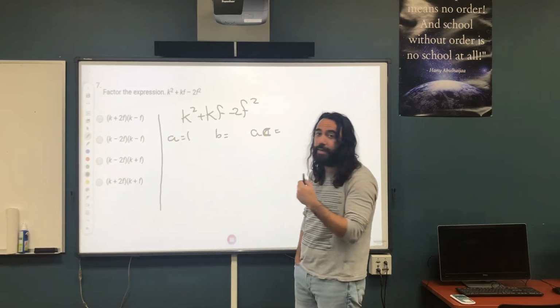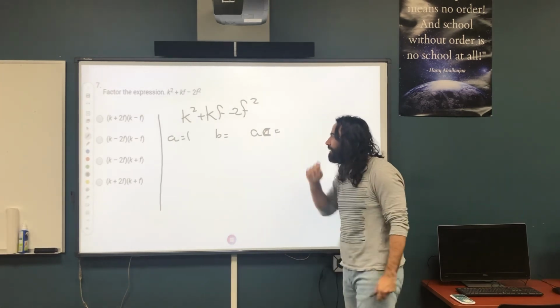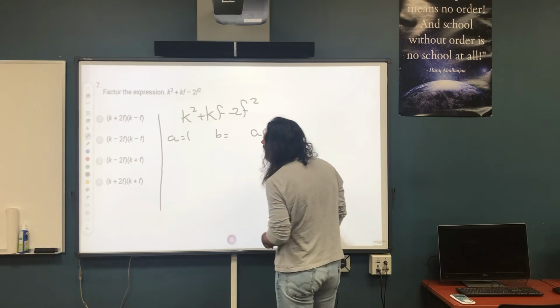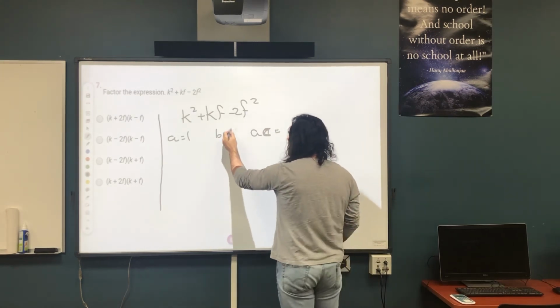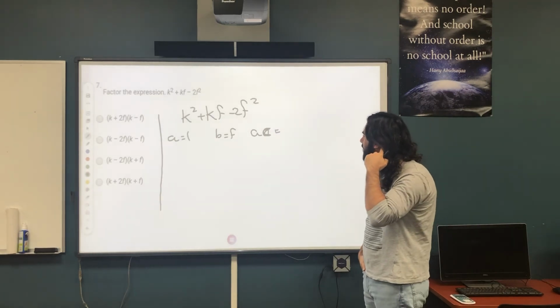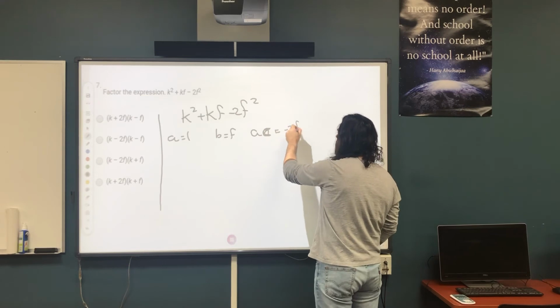Of course, in this case, the k is the variable, and the f is the number. So, the coefficient of k is how much? It's f. That's the number that's multiplied times the variable. And AC, of course, it's 1 times negative 2f squared, so negative 2f squared.